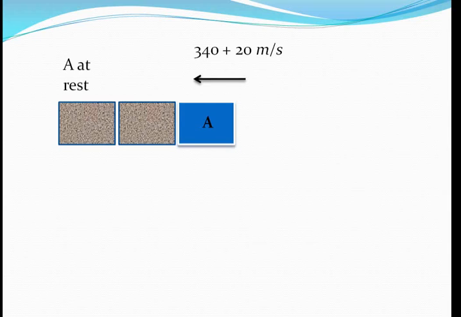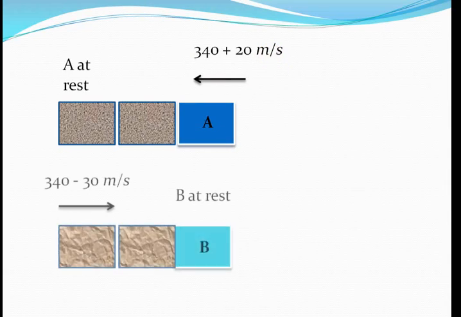If you assume that the passengers in train A are at rest, then relative to them, clearly the sound is moving at a speed of 340 plus 20 meters per second, because the passengers in train A are moving to the right at a speed of 20 meters per second. So if you want to calculate by what speed the sound is moving towards the passengers, assuming the passengers at rest, you will see that the sound is definitely moving at 340 plus 20, 360 meters per second towards them.